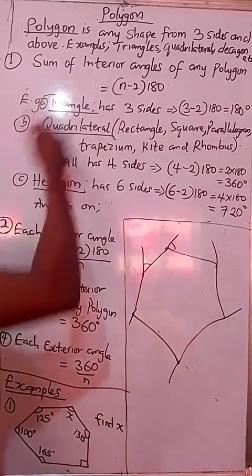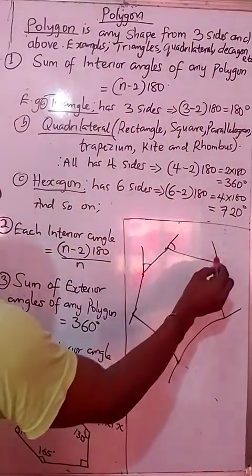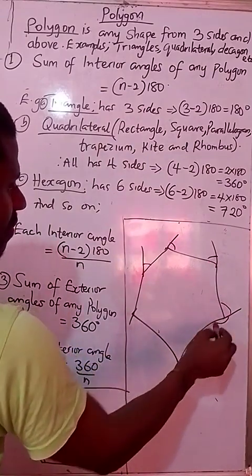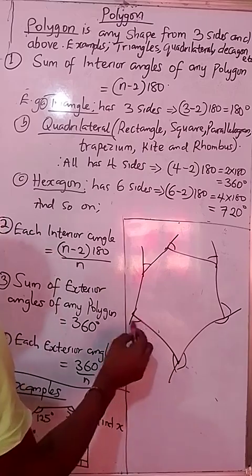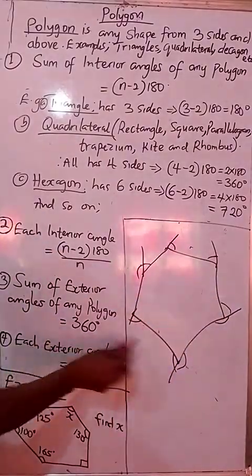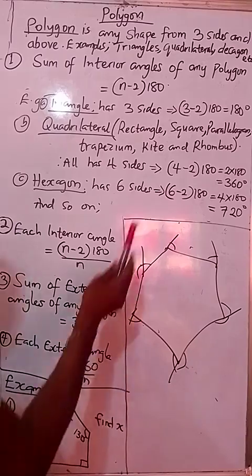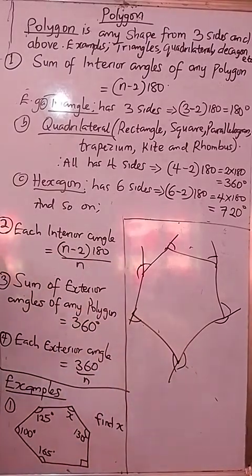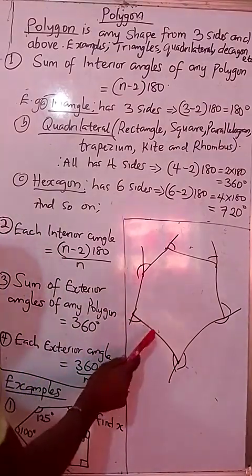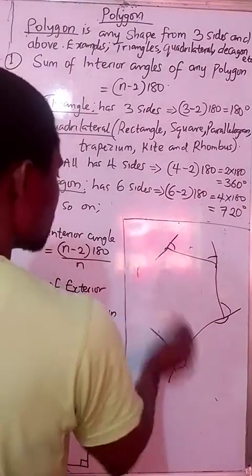Exterior means outside, interior means inside. So if you add all these exterior angles together, it must give you 360 degrees. So that's the formula. The sum of exterior angles of any polygon is 360, while each exterior angle, if you want to find each, is 360 over n.